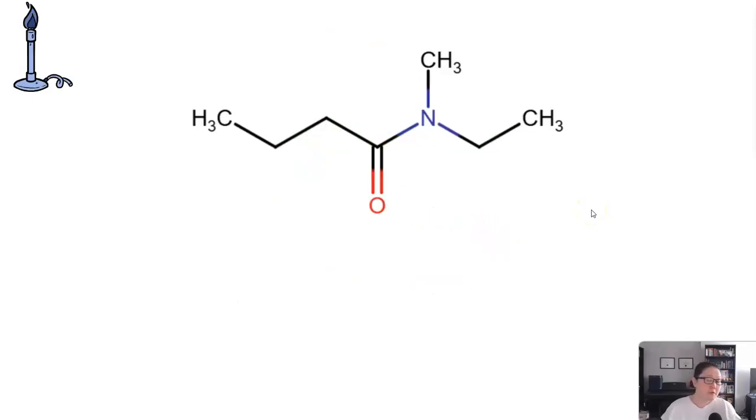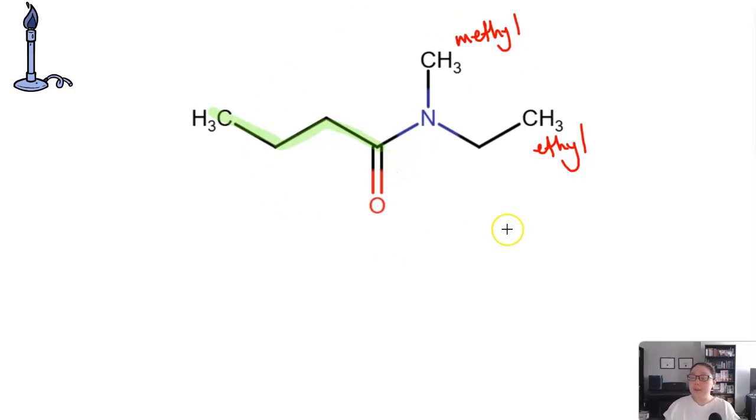Here's another one. See if you can figure this one out. So once again, look for that carbon double bonded to the oxygen to figure out your parent chain. Now this time we do have some side chains on that nitrogen, though we don't have any side chains on the carboxylic acid side of things, so we don't actually have to worry about numbering this time.